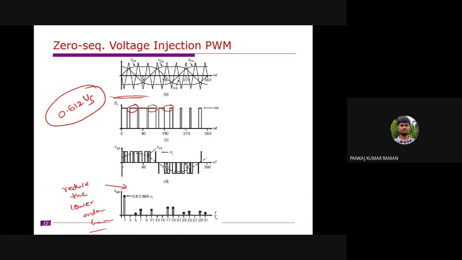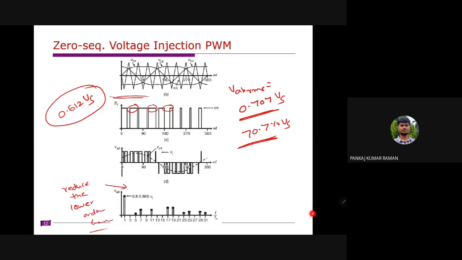It's clear? By using this zero sequence, you can go up to 0.707 times Vs for the output voltage VAB RMS value, or 70.7% of Vs.